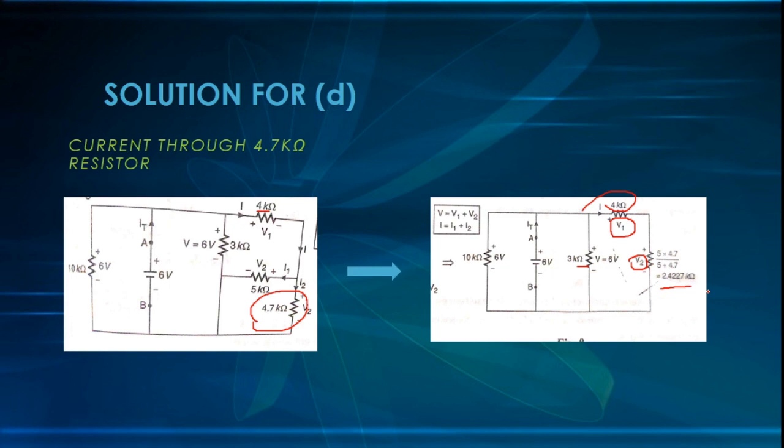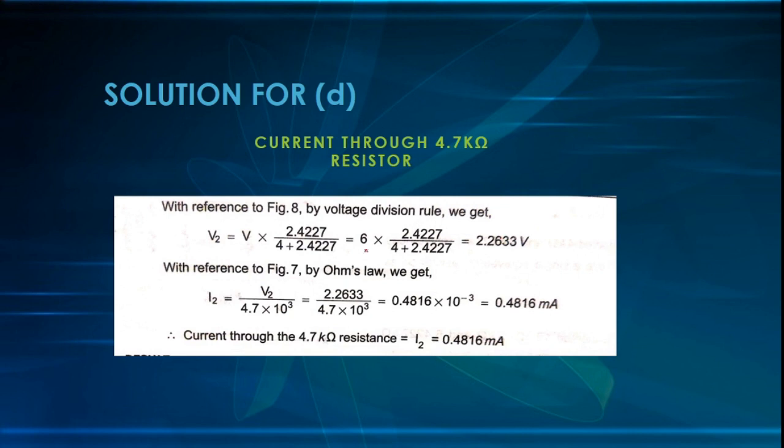So the next step, first what we are going to do, I'm going to find what is the voltage across this resistor combination. So what is the voltage division rule? It is the total voltage, which is 6 volt, into this resistor, the same resistor which is 2.4277, divided by sum of the resistors. So sum of the resistors means it is 4 kilo ohm plus 2.4277 kilo ohm. So in the next step we have V2, we are finding it to be total voltage into across which I am measuring.